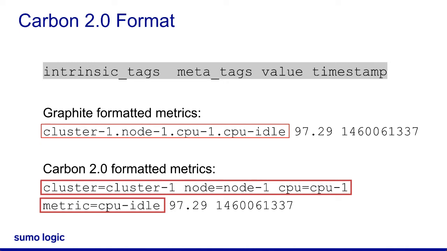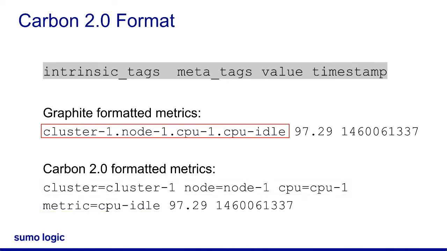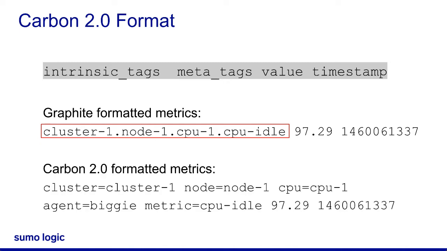Carbon 2.0 is a richer metric format than Graphite because it supports meta tags. So, a Carbon 2.0 formatted version of our example metric could include additional key-value pairs that will make our metrics easy to understand, write, and execute a query. For example, we can include a meta tag that identifies the agent that collected the metric.